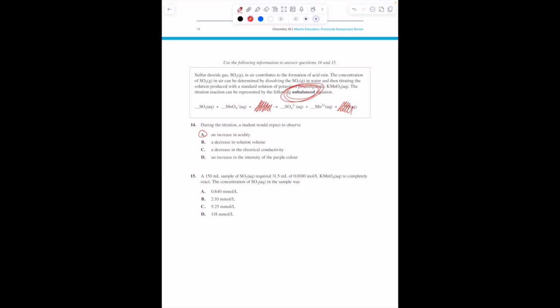Let's make some room here. Assign oxidation numbers: that's -2, so that's +4. -2 times 4 is -8, and the Mn is +7, so that'll have to be a +6, and +2. So it looks like the S is changing.